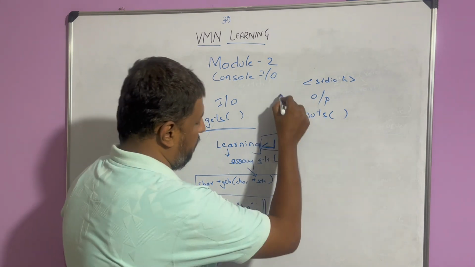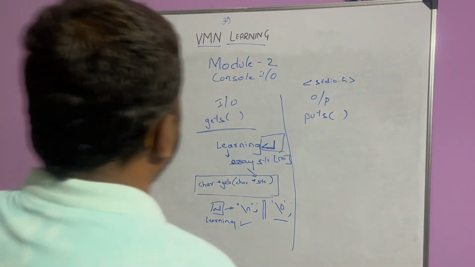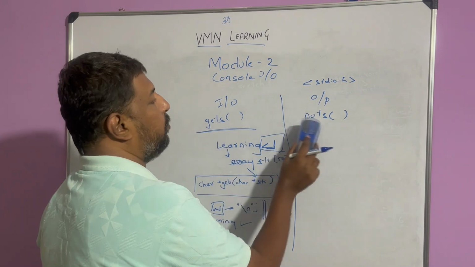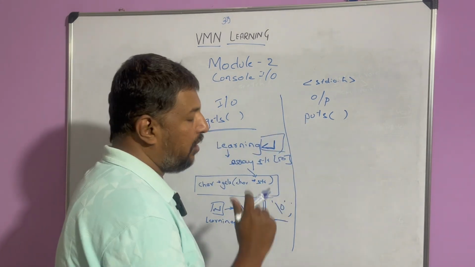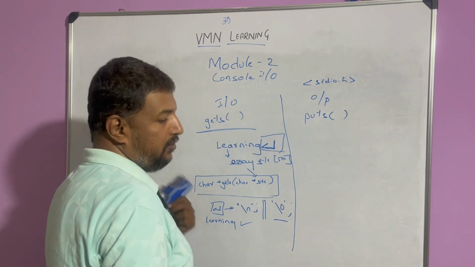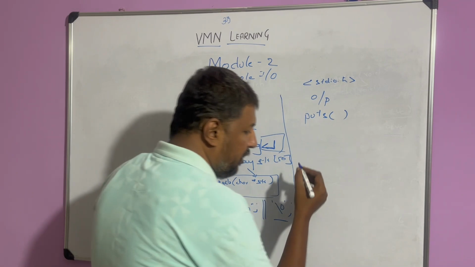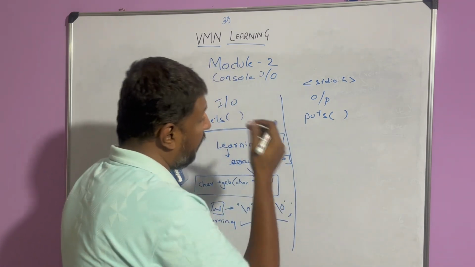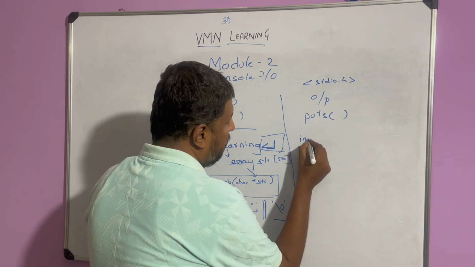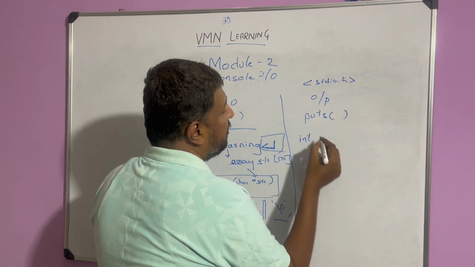Okay, this is about gets. Now puts: it puts the string, so it will take the string variable. The prototype is int puts, because it returns an int.